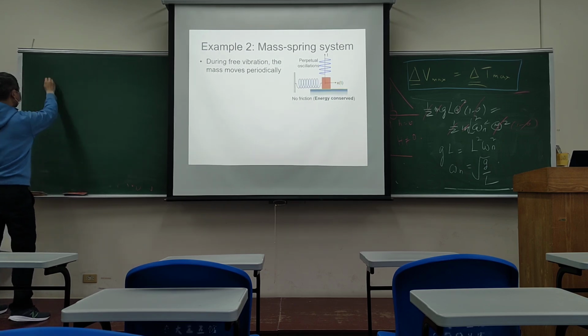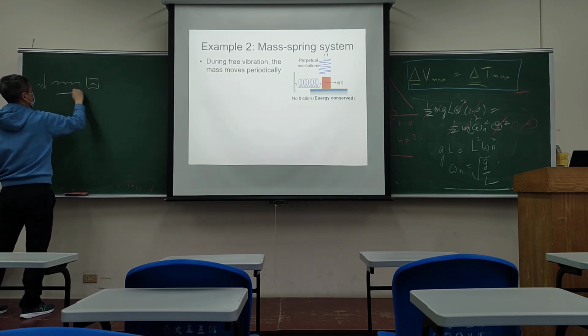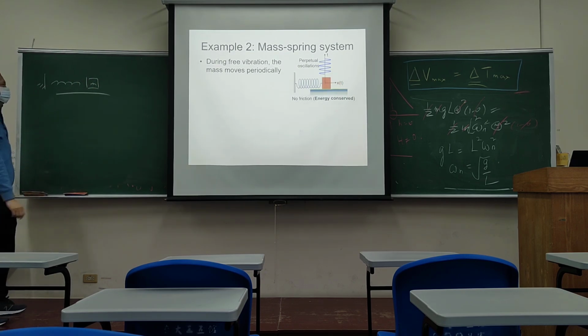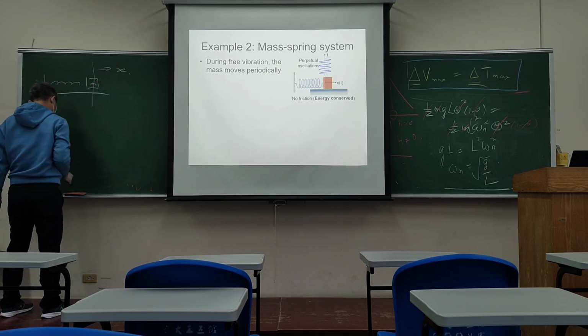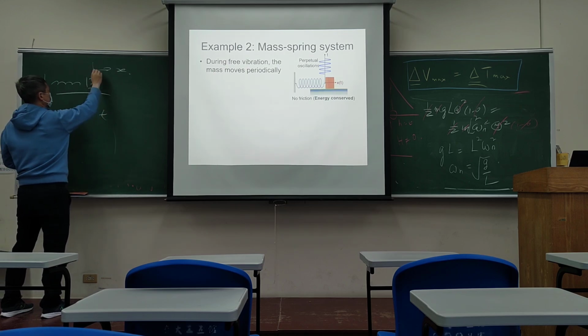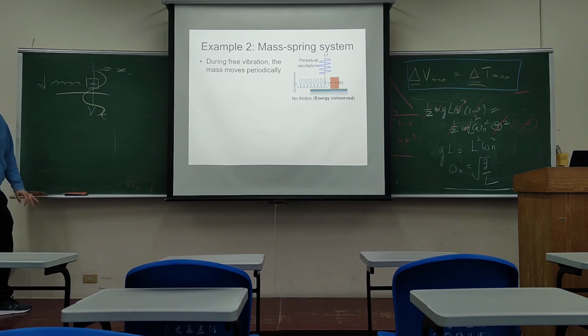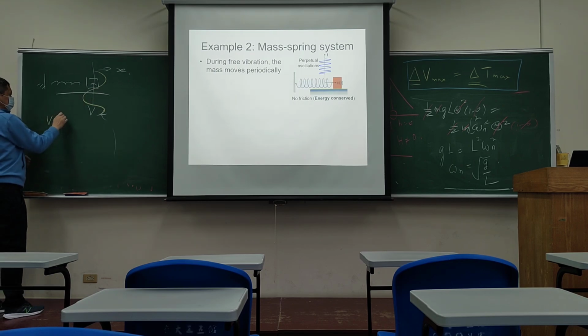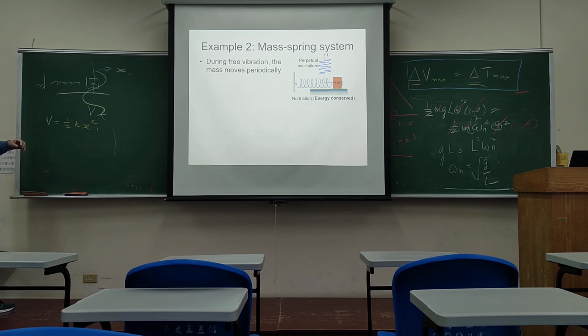In this example, you have the spring, you have the mass, okay? Taking these as a position, and over the time, you have the translations, yeah. So because of the stretching, the potential energy is half kx squared, okay?